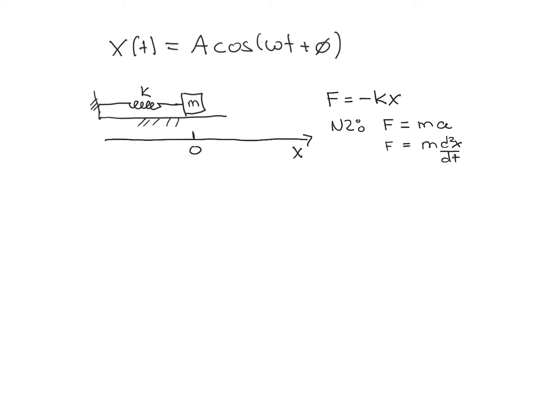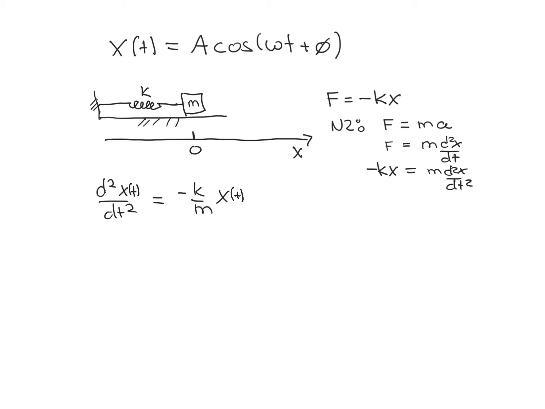And since the force is equal to minus kx, that means that for my mass on a spring in the horizontal direction, we can write the following equation: minus kx is equal to m times d2x dt squared. Or rearranging, I can write this as d2x dt squared is equal to minus k over m times x. And so x for a mass on a spring, we expect it to be a function of time.